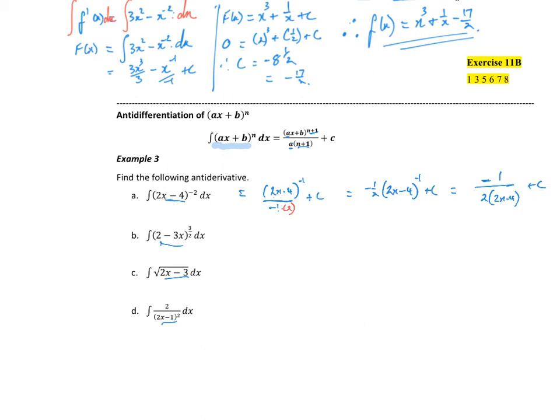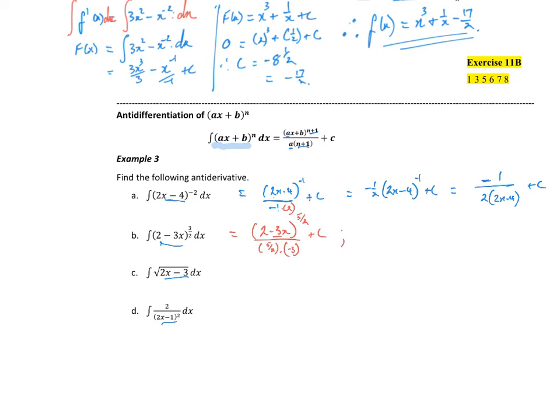B, what do we have to do? It's equal to the antiderivative, 2 minus 3x, add 1 to the power, so that's to the 5 on 2, divide by the new power, but then also divide by the coefficient of x, which is negative 3. So let's tidy it up a bit.